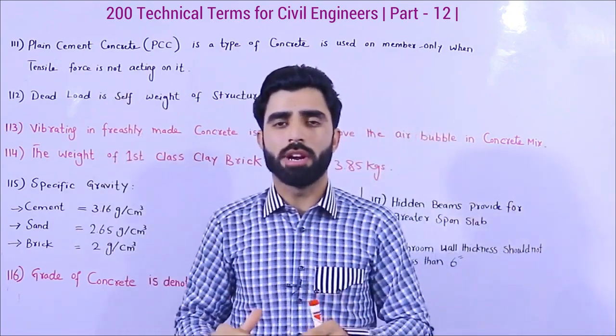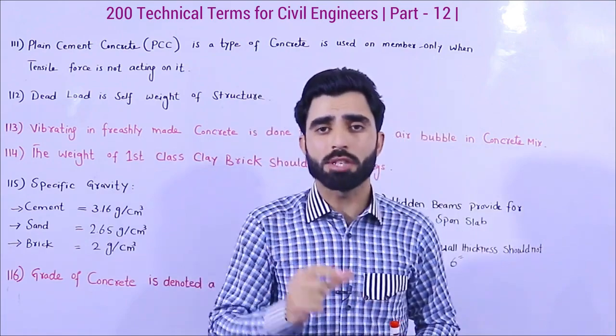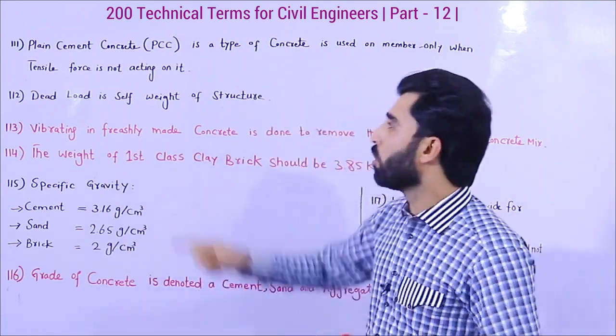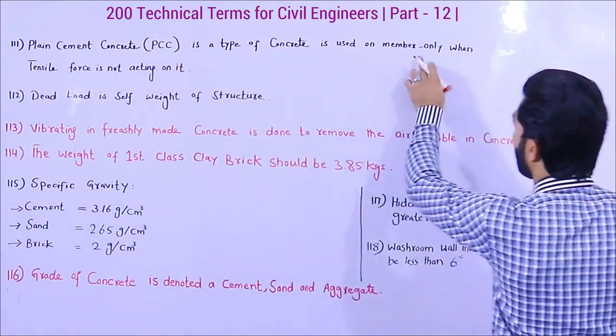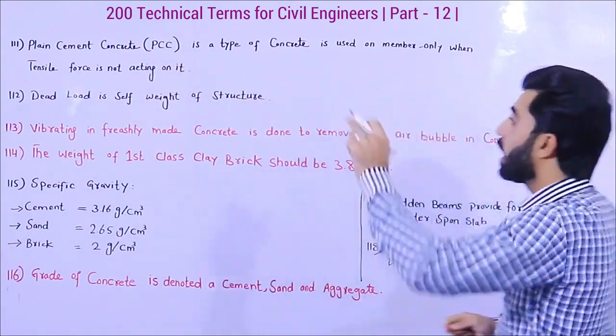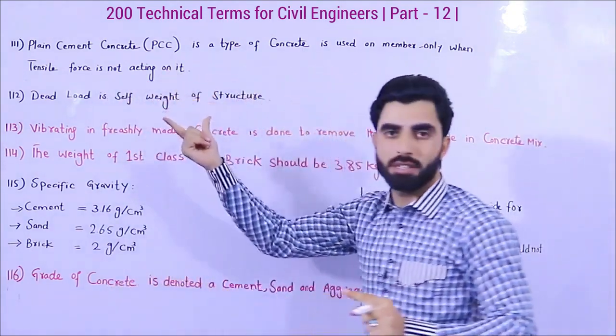As I told you before in many videos, concrete is strong in compression but it's weak in tension. So plain cement concrete is a type of concrete used in members or structures where tensile force is not acting on it.